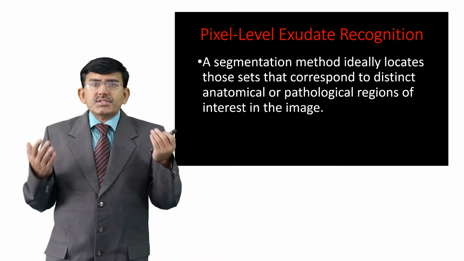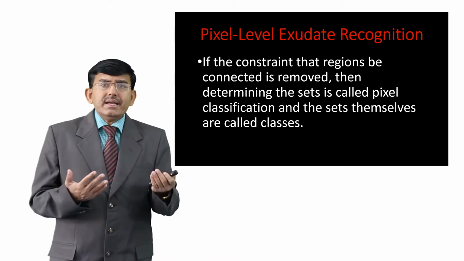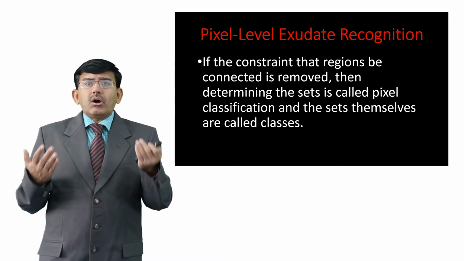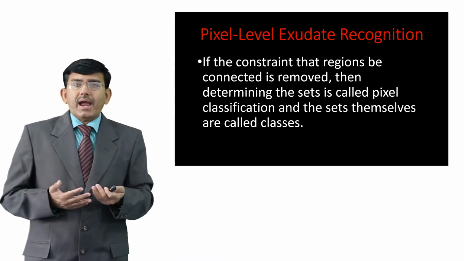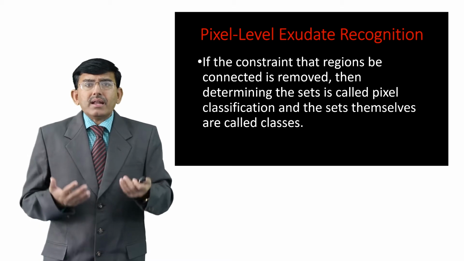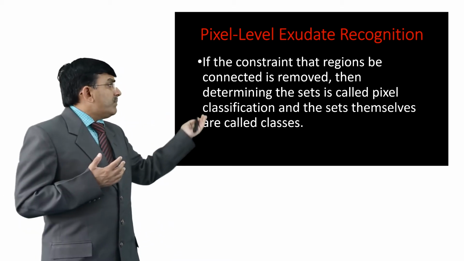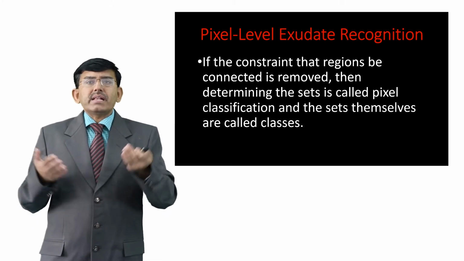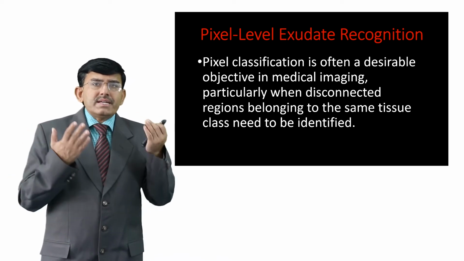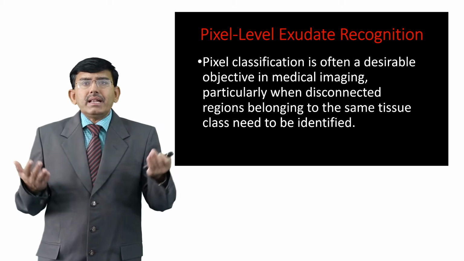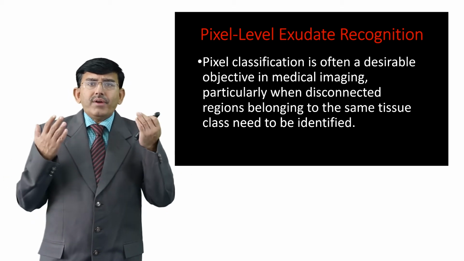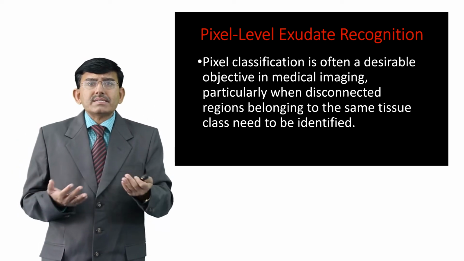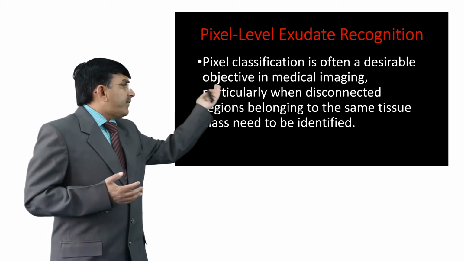If the constraint that regions be connected is removed, then determining the sets is called pixel classification, and the sets themselves are some type of group, cluster or classes which are required. Pixel classification is often a desirable objective in medical imaging, particularly when disconnected regions belonging to the same tissue class need to be identified.